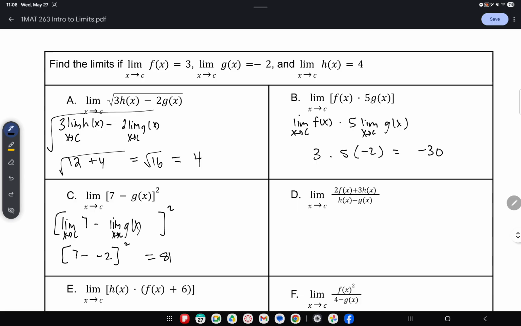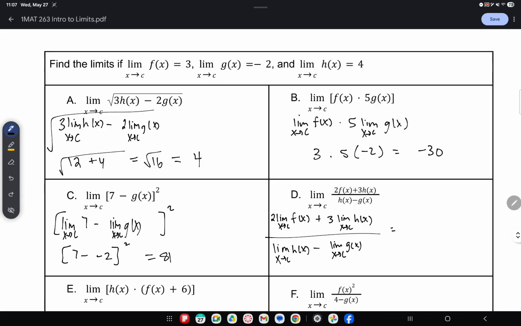We got a big complicated one here. So we can just basically distribute that limit to every piece. So 2 times the limit as x approaches c for f of x plus 3 times the limit as x approaches c for h of x, divided by the limit as x approaches c for h minus the limit as x approaches c for g.